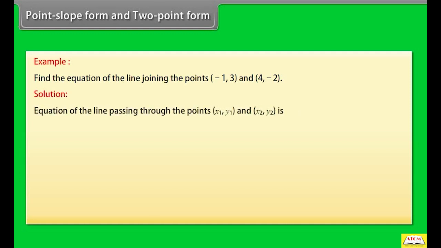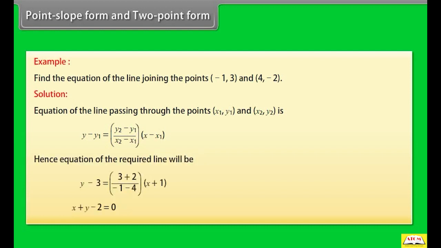Equation of the line passing through the points (x1, y1) and (x2, y2) is y minus y1 is equal to (y2 minus y1) by (x2 minus x1) into x minus x1. Hence, equation of the required line will be x plus y minus 2 is equal to 0.